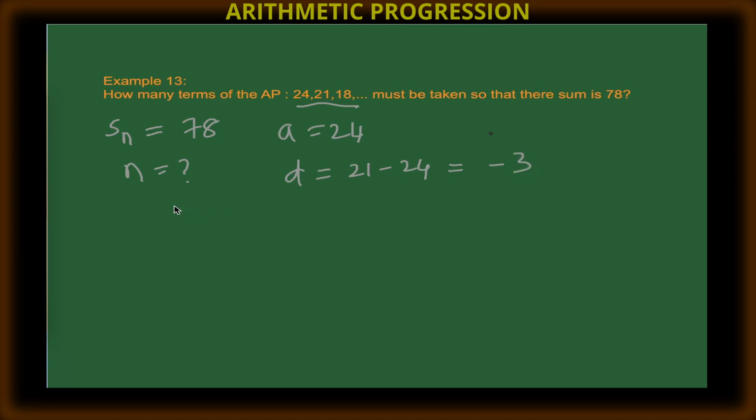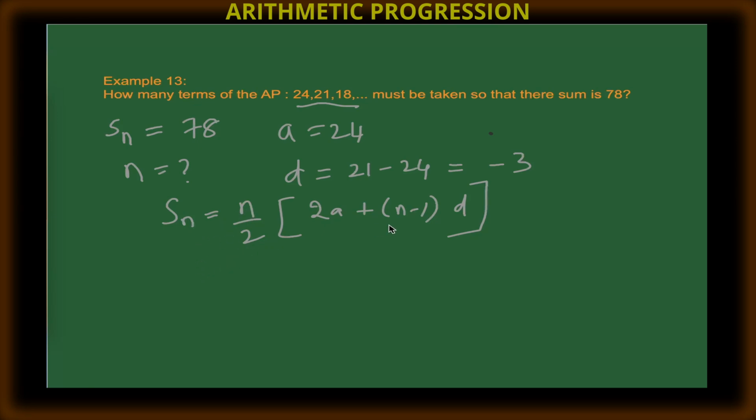So we have the formula to find the sum. Let's try to substitute here. Sn is equal to n by 2 into 2a plus n minus 1 into d. So what do we have now? We have d, we don't have n, we have a, we have Sn.